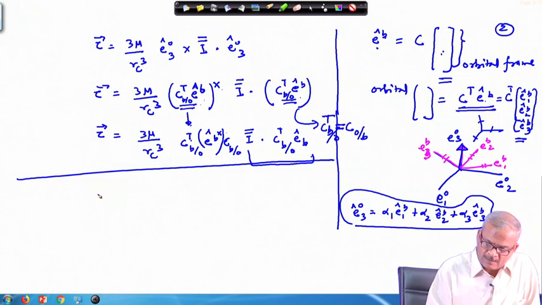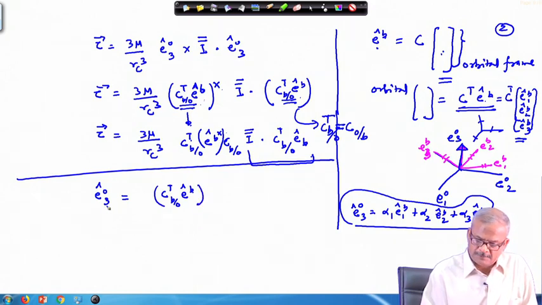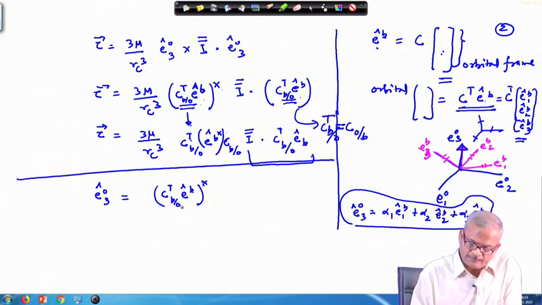So, E cap O 3, if we write this as C transpose B slash O E cap B, and then there is a cross. Basically, the quantity we are writing, we can write it in this format.